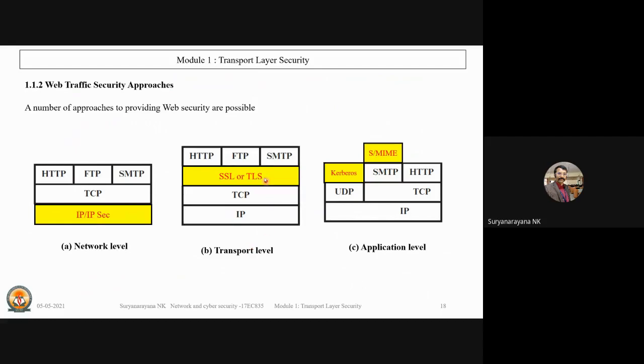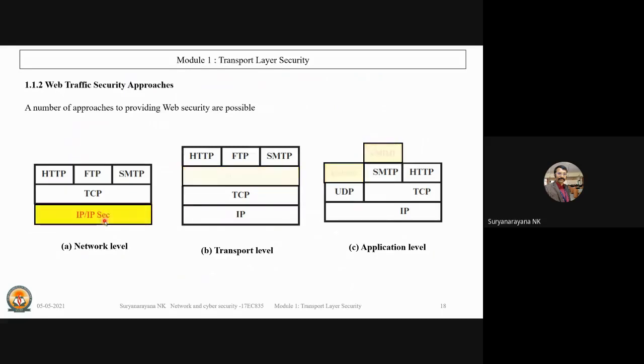Similarly, SSL or TLS security is given at the transport layer, and the introduction of Kerberos and S/MIME at the application level gives protection at the application layer. So we can see protection against web traffic at the network layer, transport layer, and application layer.